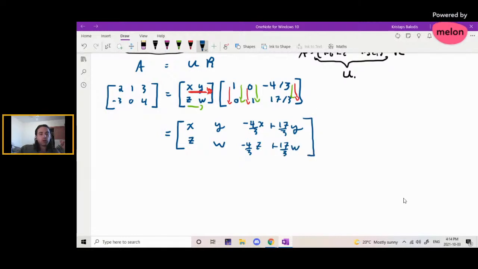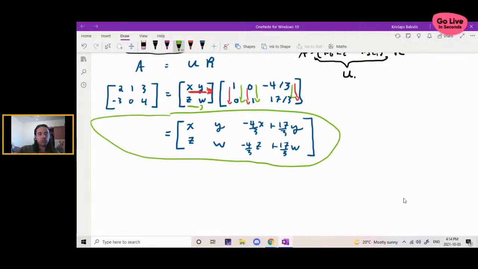And now I just have to compare both sides of this equation. And what's nice about this is I can read off this solution pretty easily. Because if I look here in the first entry, here I just have x and I have 2. So this tells me that x has to be equal to 2.